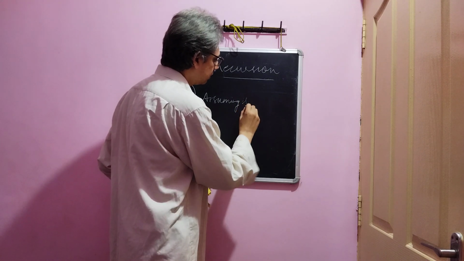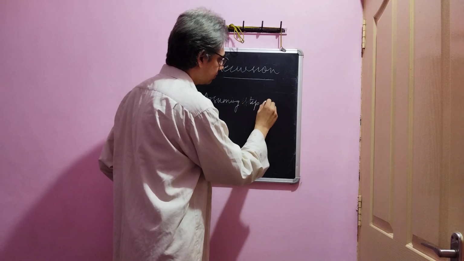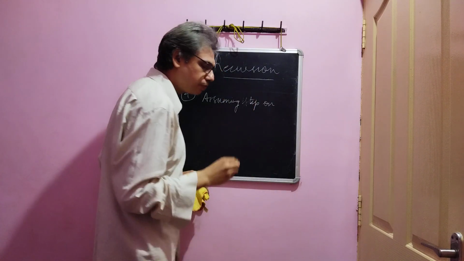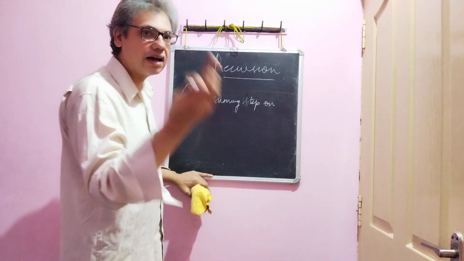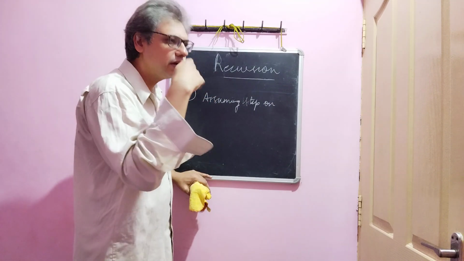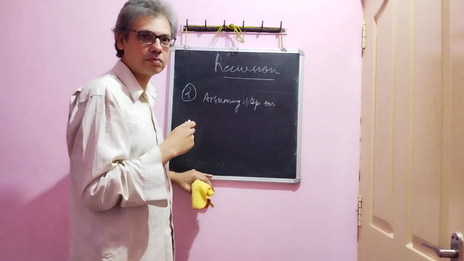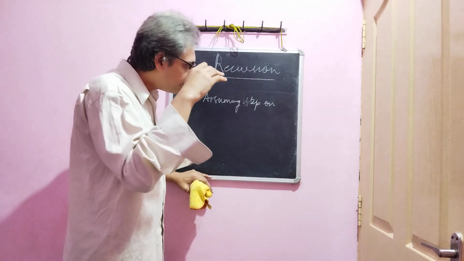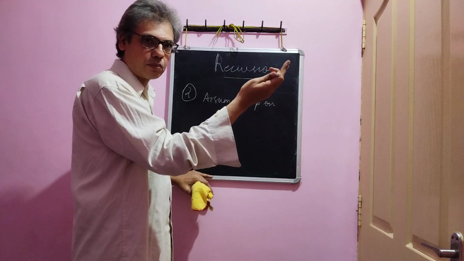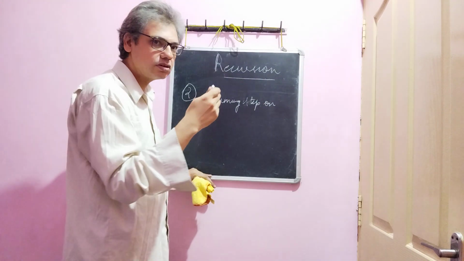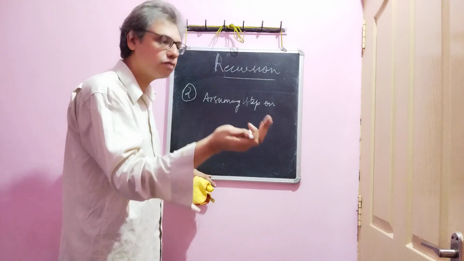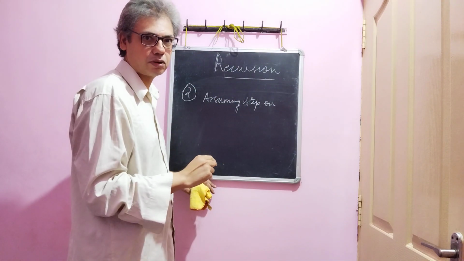Assuming step 1, express the solution to a larger main problem. Construct or build a larger problem. Here, to solve the problem, you're building a slightly larger problem, and expressing the solution to the larger problem in terms of the solution to its sub-problems, assuming that you have already solved the two or more sub-problems.